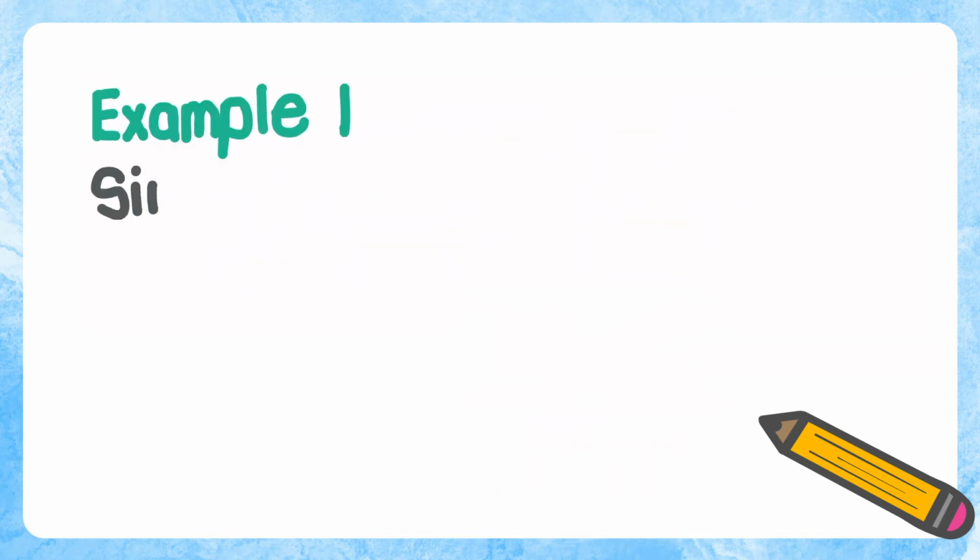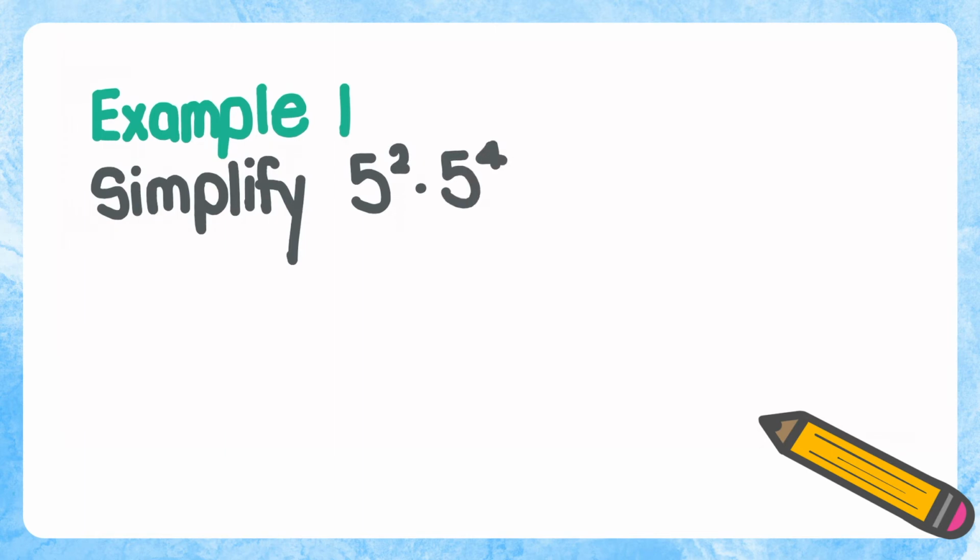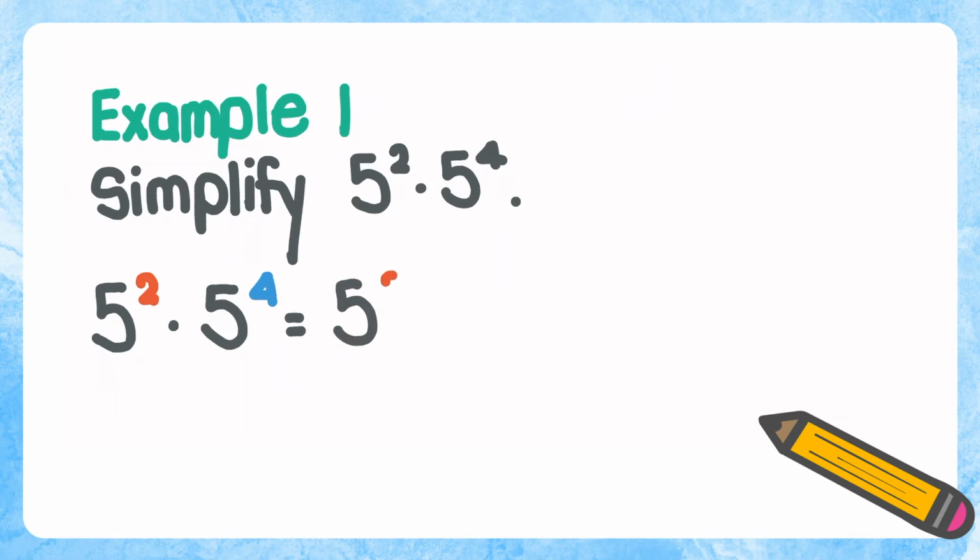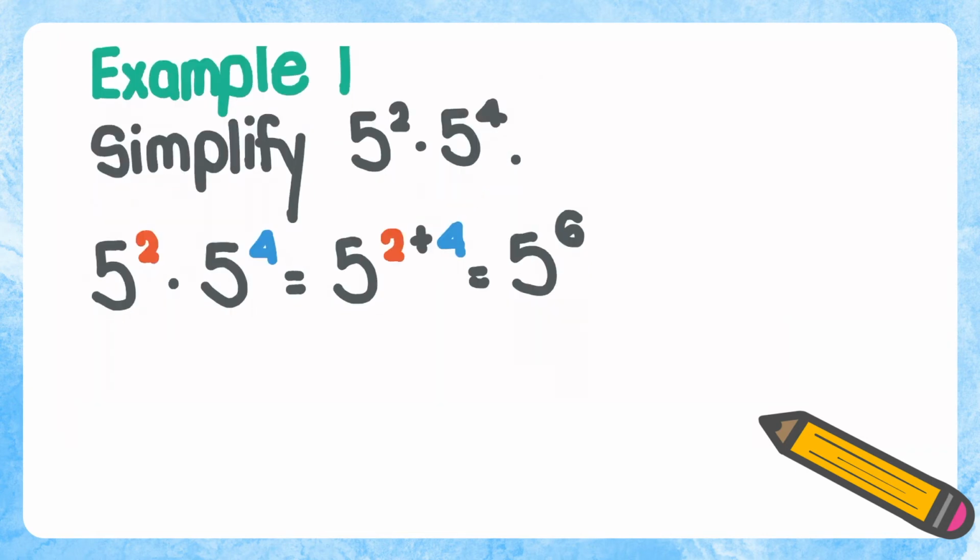Let's look at an example. Simplify 5 to the power of 2 times 5 to the power of 4 using exponent rule number 2. 5 to the power of 2 times 5 to the power of 4 equals 5 to the power of 2 plus 4. 2 plus 4 equals 6, so our answer is 5 to the power of 6.